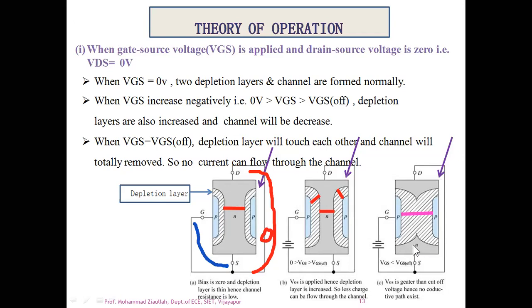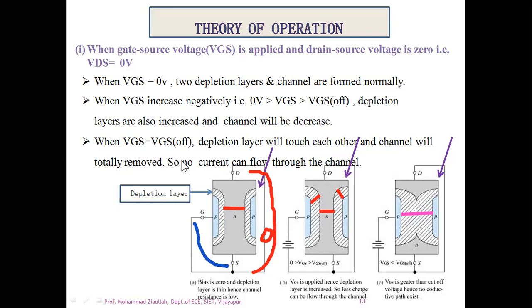Then what will happen? If there is no path, if there is no channel, then no current will flow through the channel. So the three cases are: when VGS is zero, the depletion layer and the channel act as normal. If VGS is increased negatively but is less than VGS off, then the depletion layer increases and the channel becomes smaller.